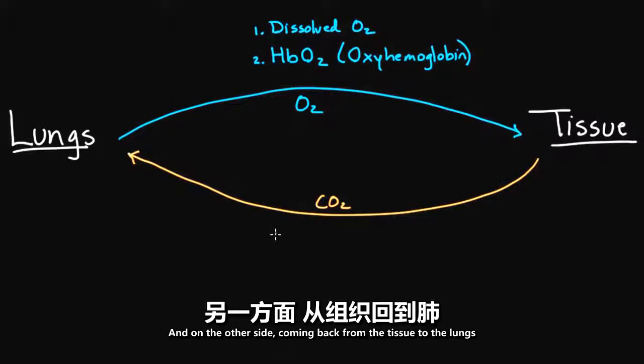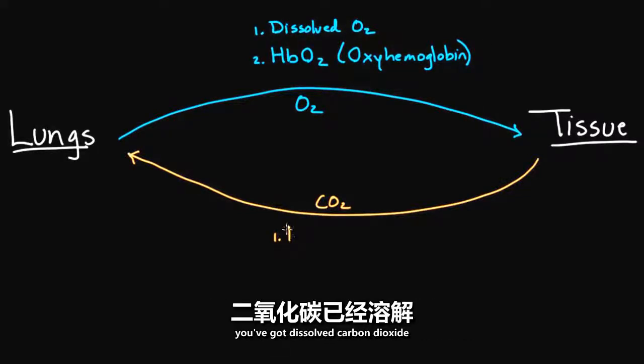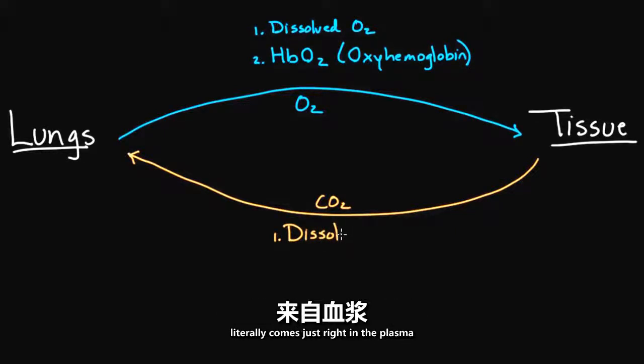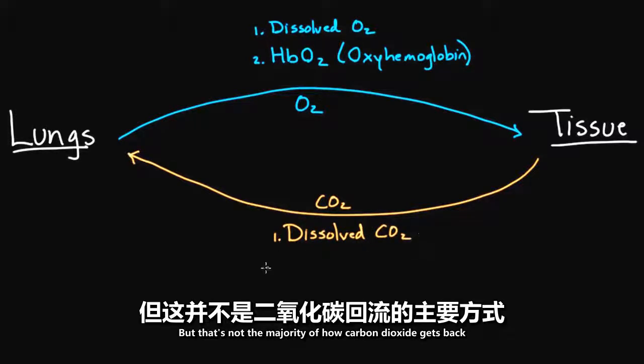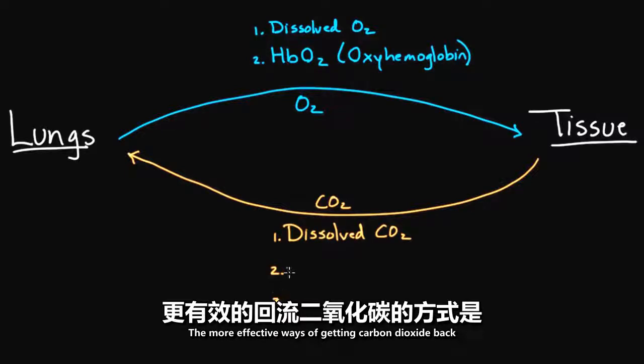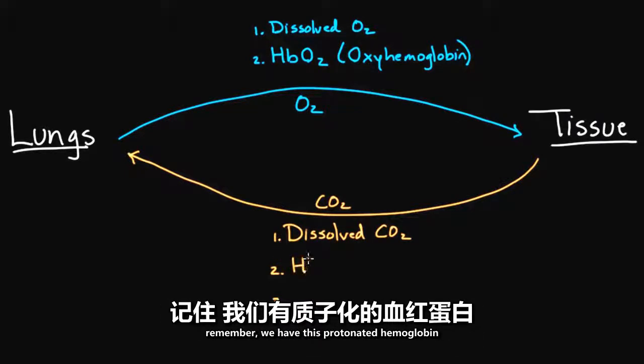And on the other side, coming back from the tissue to the lungs, you've got dissolved carbon dioxide. A little bit of carbon dioxide literally comes just right in the plasma. But that's not the majority of how carbon dioxide gets back. The more effective way of getting carbon dioxide back, remember, is this protonated hemoglobin.